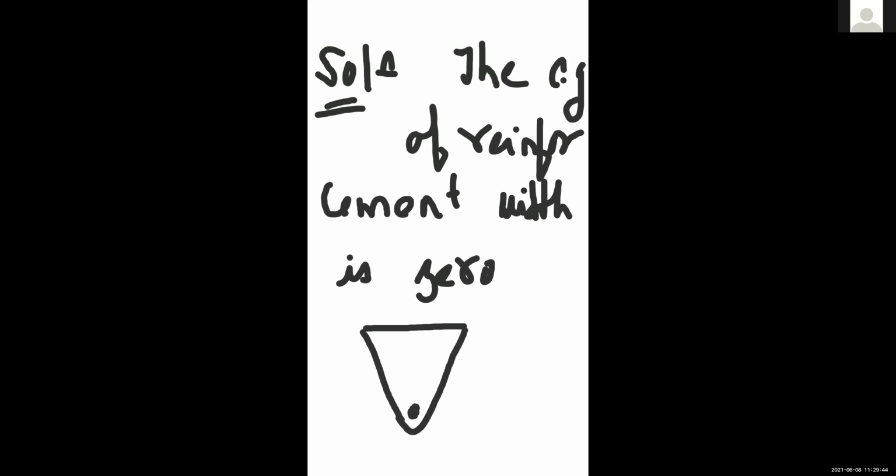The width at the CG of this reinforcement is B. This is noted here, beam 300 mm, which is given in the question, and the width at the CG of the reinforcement here, B is equivalent to 0.